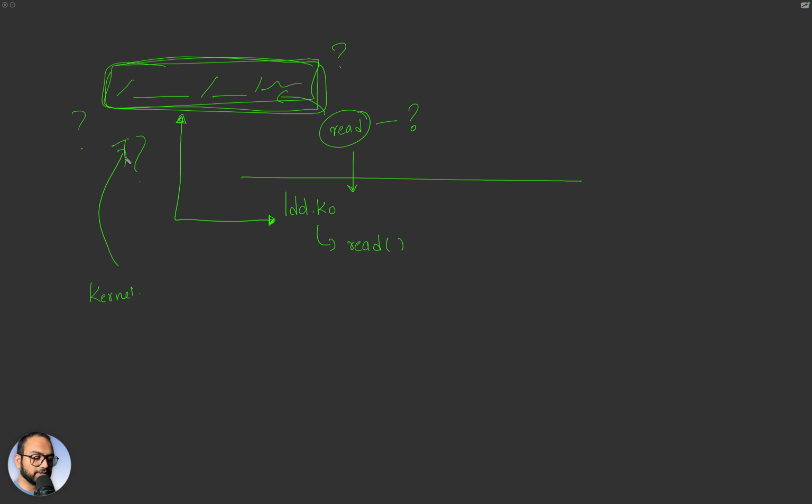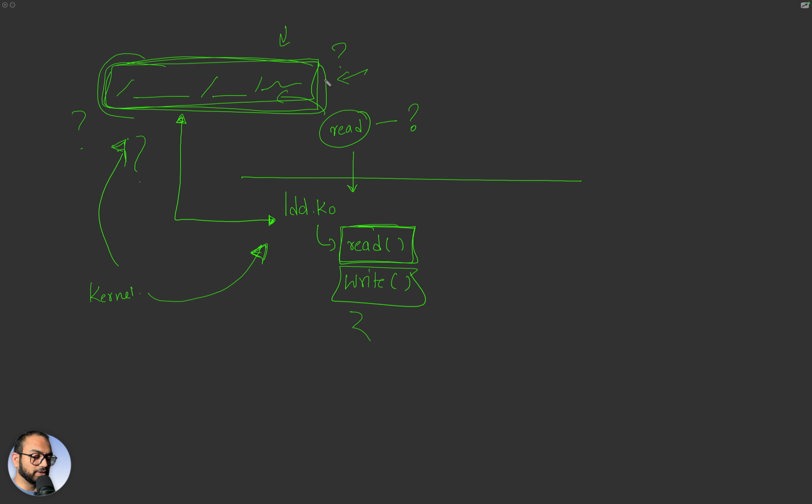So it is observing that, and anytime there is a read or write operation requested on that node, the kernel understands that, hey, wait, hang on, this is tied to the ldd.ko module that was loaded, and I must go and invoke the read or the write APIs that the driver authors have implemented. So that's how it typically works.